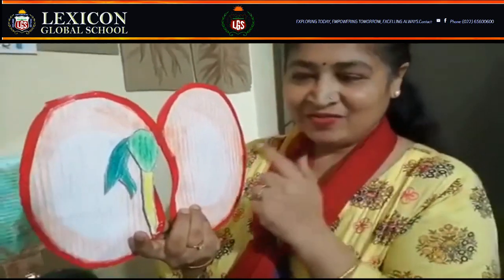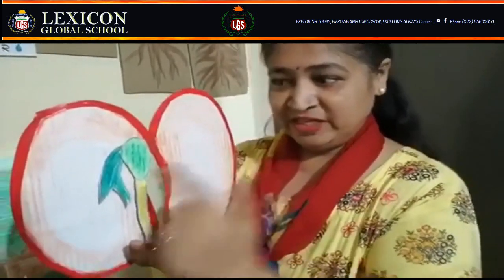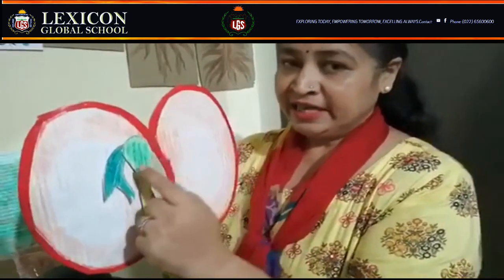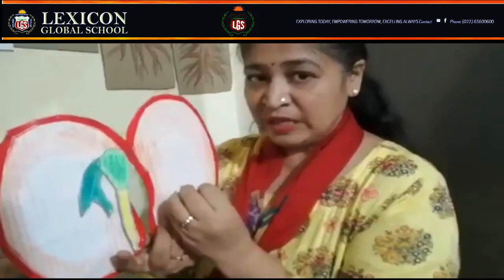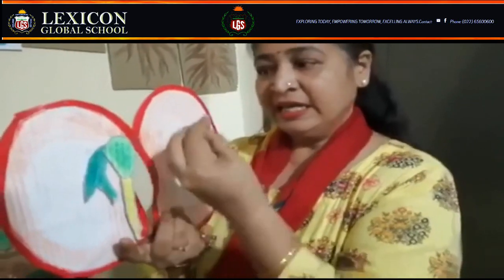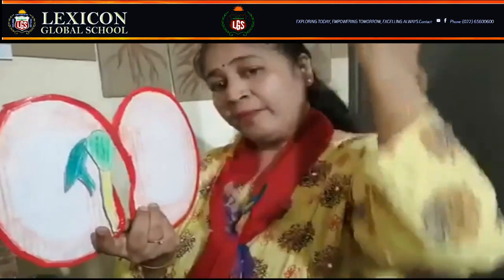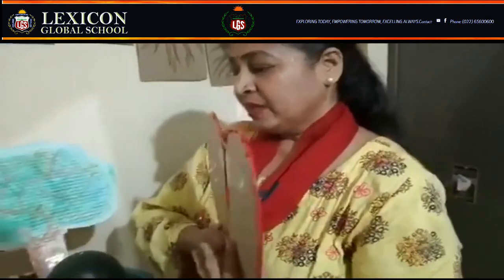For this embryo, from where will the food come? Yes, from the cotyledons which they have. From these two cotyledons, the embryo will get the food and then it will slowly grow and become a big plant.